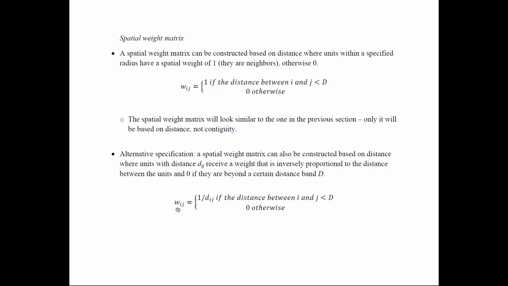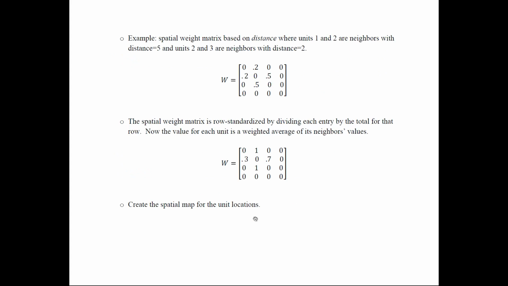So here we have wij, the elements would be equal to 1 divided by dij. So basically, if the distance is less than the distance band, they would be inversely proportional to how far they are away from each other. So the farther they are away from each other, the smaller the influence would be on each other, and 0 otherwise. So let's go ahead with an example.